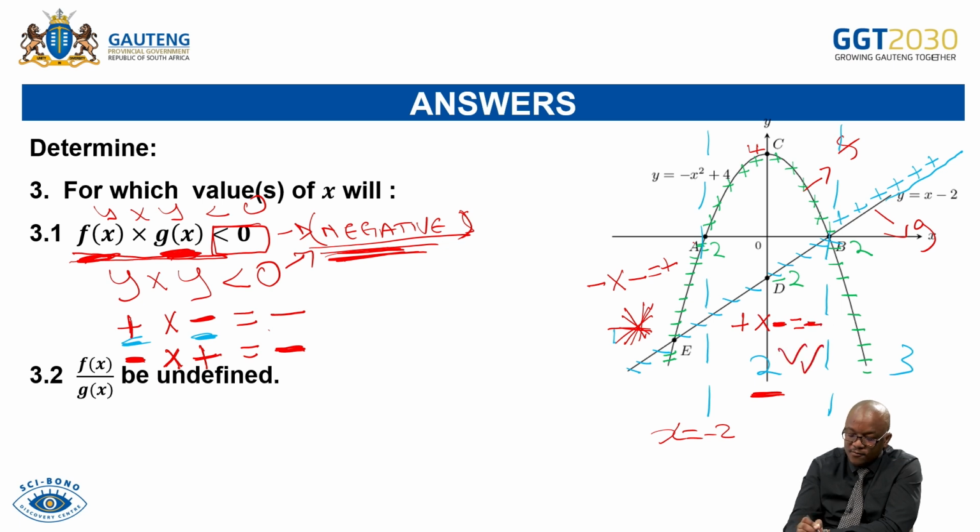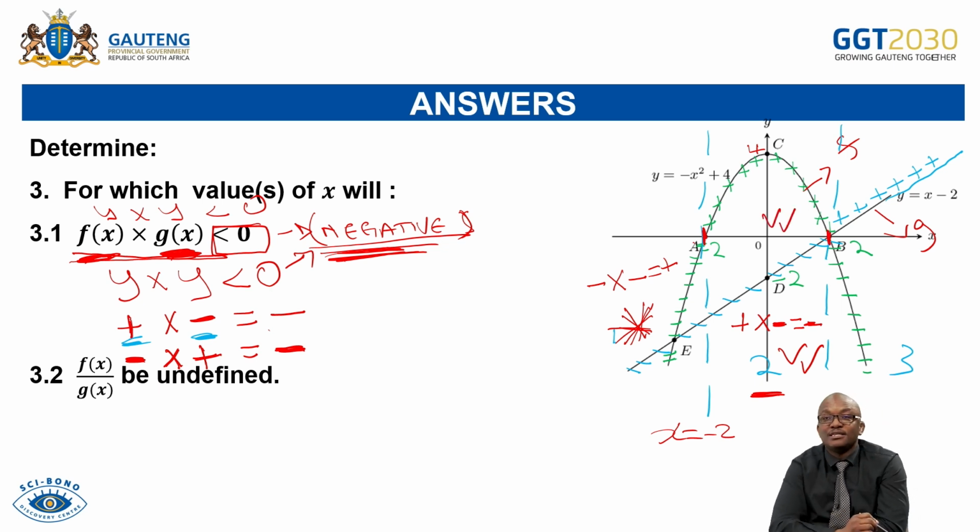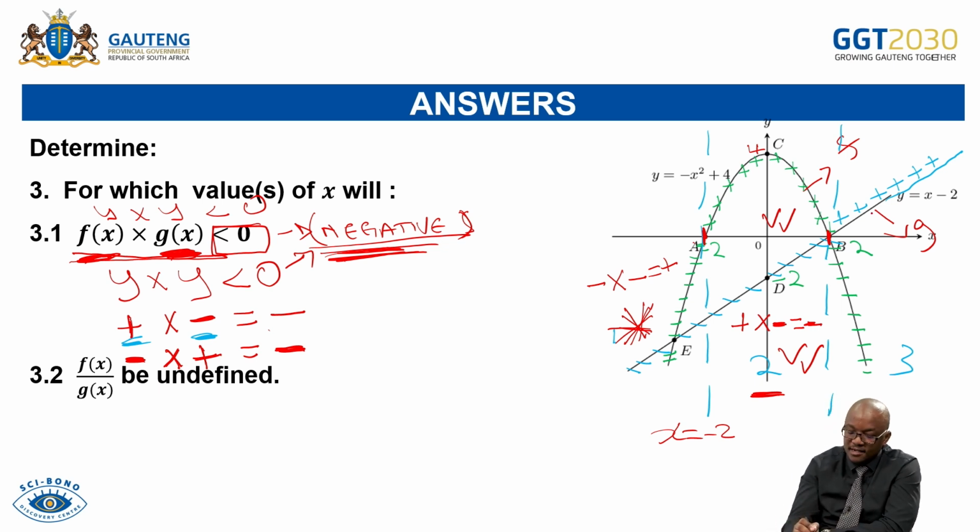Then from negative 2 to 2, that interval is satisfying our condition there. Then, the third interval, we have positive blue multiplied by negative green. We're having negative.